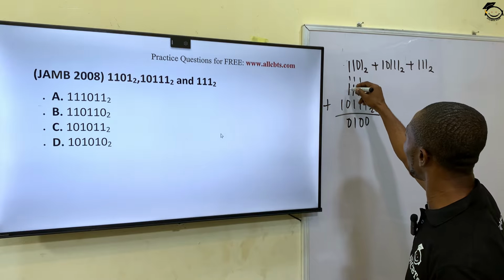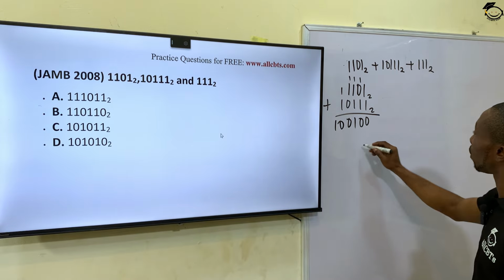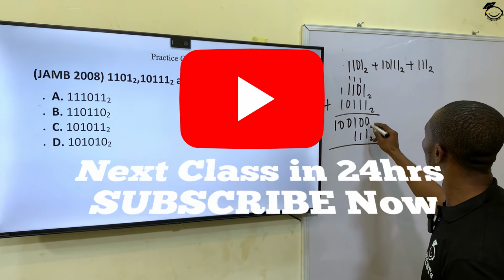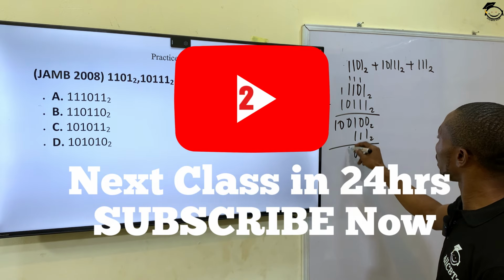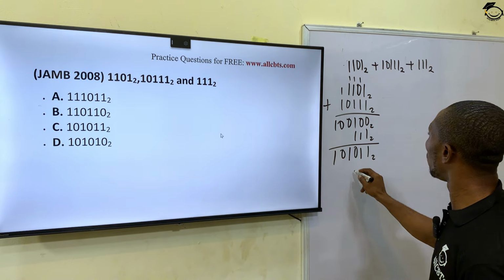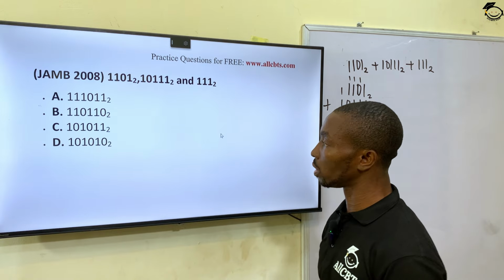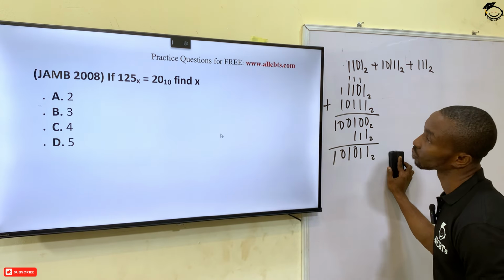So we have a 10, carry 1, and another 10. So adding our 111 to it, we have this as 1, 1, 0, carry 1, 0, and 1 base 2. So our answer would be 1, 0, 1, 0, 1, 1 base 2, which is option C.